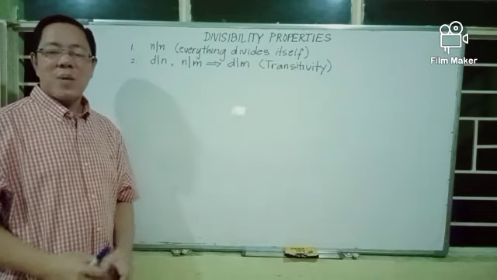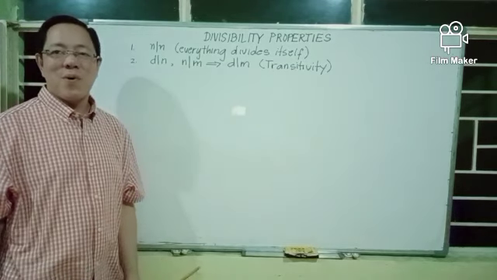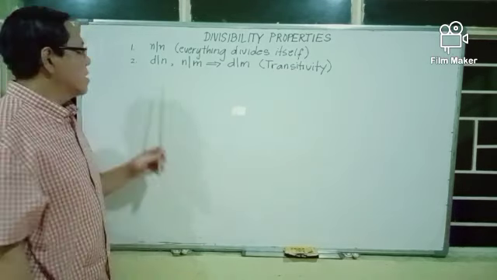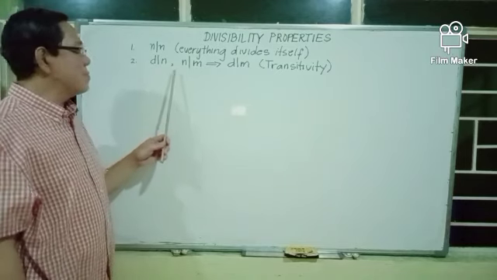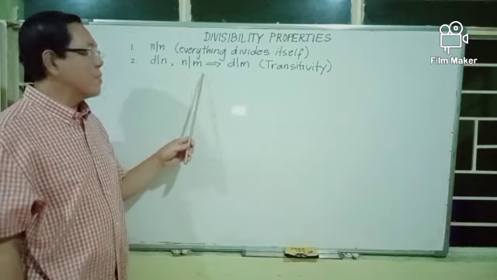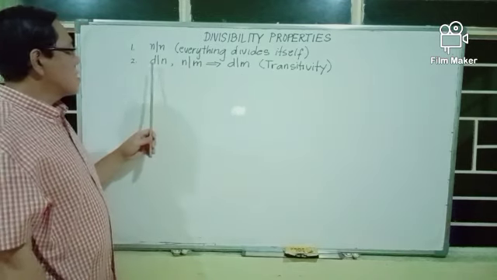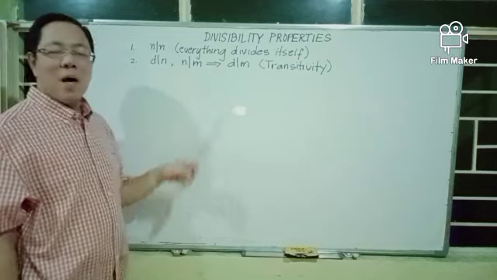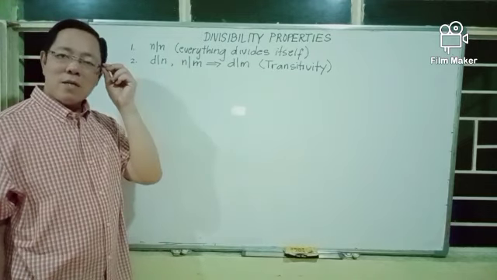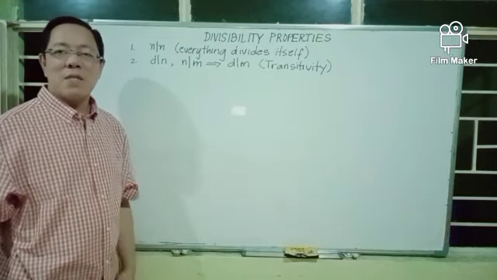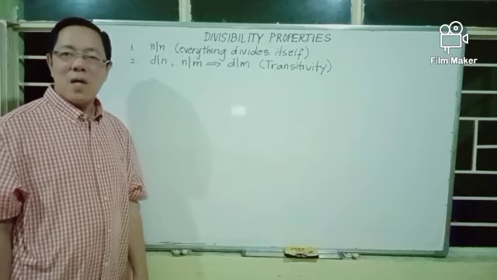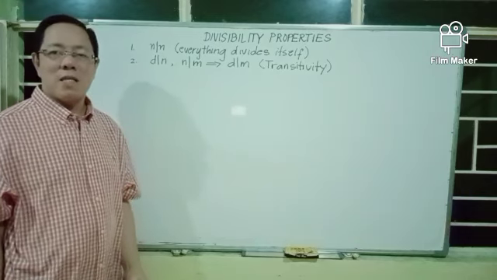It states that if d divides n and n divides m, this implies that d divides m, where d, n, and m are integers. And the proof of this transitivity property we have shown in the last lesson.